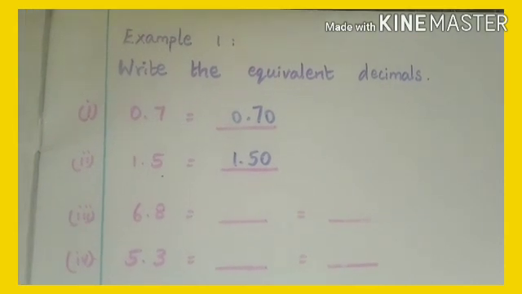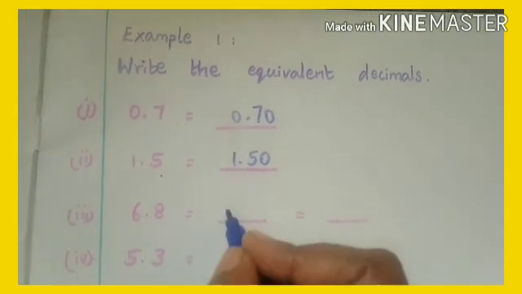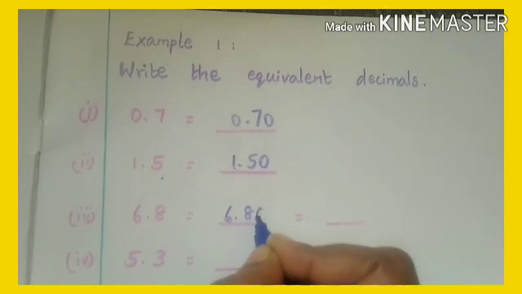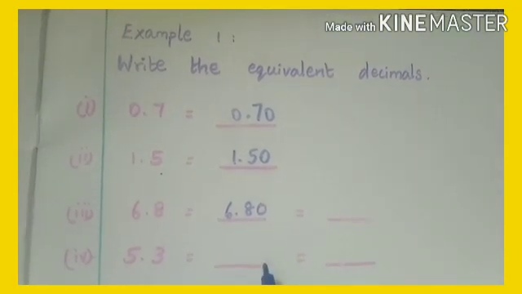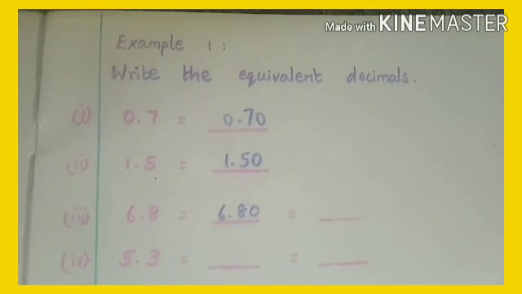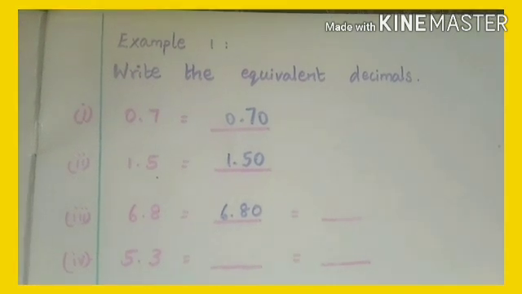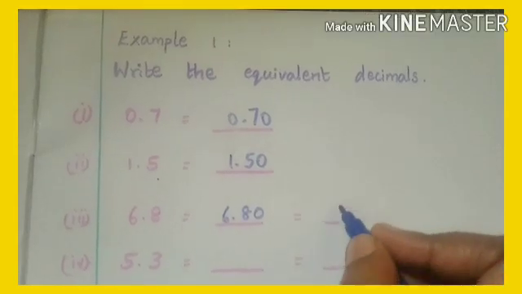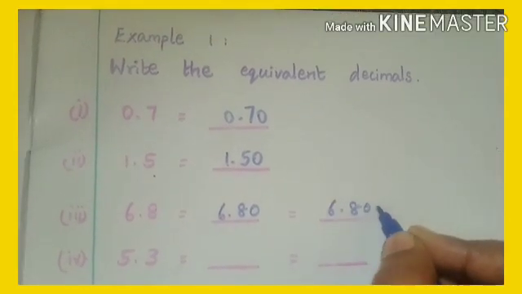Third sum, 6 and 8 tenths. Here we have to add one 0 in the decimal part. We get 6 and 80 hundredths. Look here, another equal sign. That means we have to write another equivalent decimal. So we should add one more zero in 6 and 80 hundredths.